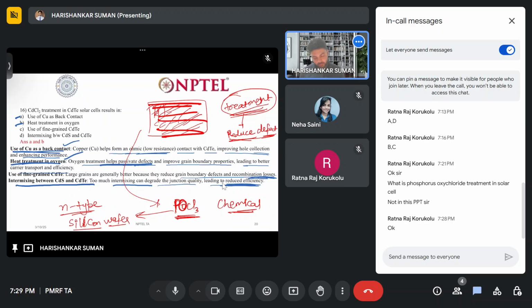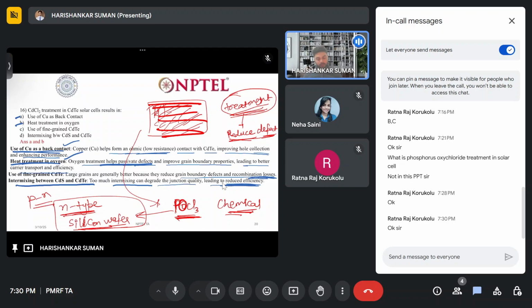So we have used the chemical dopant POCl3 to form an n-type silicon wafer, which is essential to form a PN junction within the solar cell, and which increases the efficiency, charge carrier and mobility.